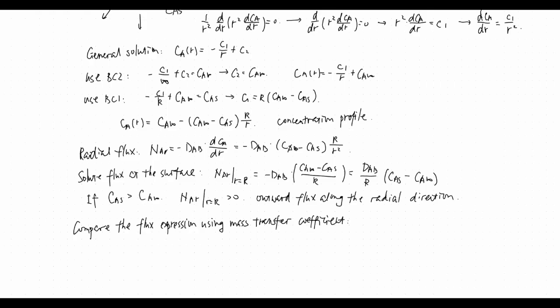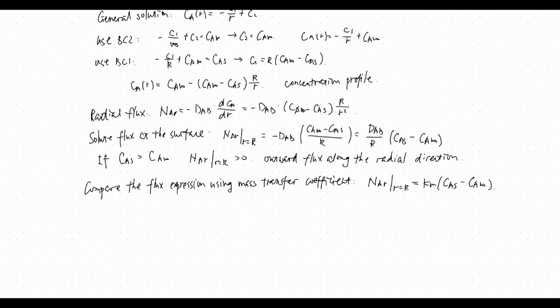Means NAR at r equal to Km multiplied by CAS minus CA infinite. And if you compare this equation, you would easily see, okay, now for this problem, Km equals DAB divided by R.